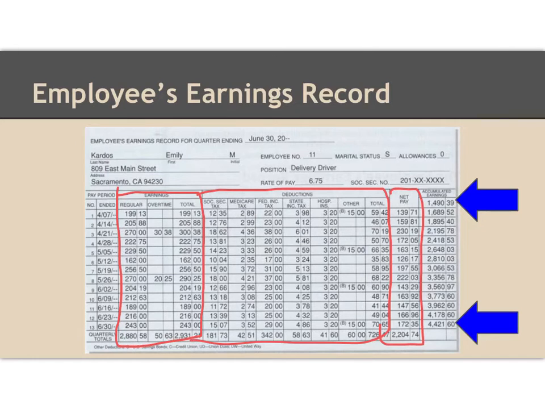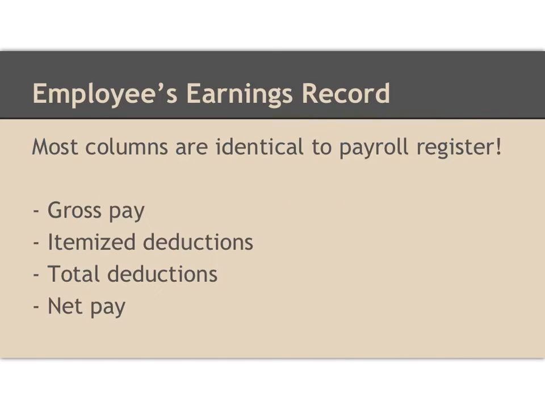But there are a couple of things that are new. For example, we have this column that says accumulated earnings. What the heck could that mean? And along with that, there's a whole lot of information up at the top specific to that employee that is worth having a note of.